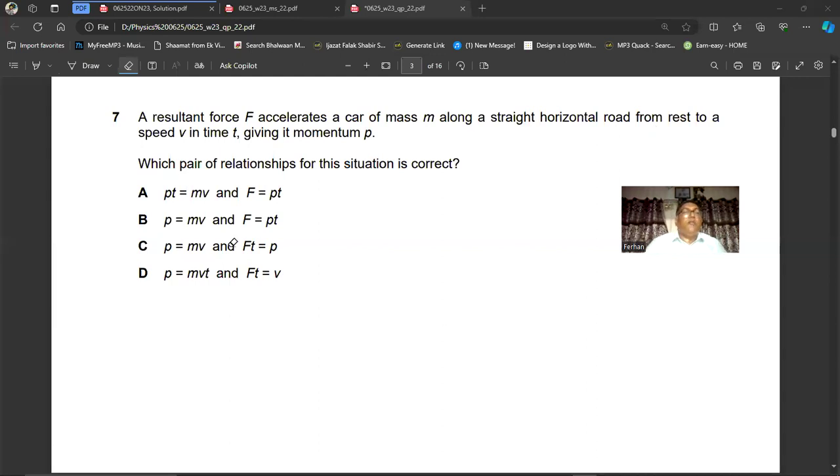Okay. So I made a mistake here. You see, the momentum is mass multiply velocity, but the momentum is also equal to force multiply time. That is force multiply time. That is called impulse. Okay. So the real answer is C. Okay. C is the right answer.